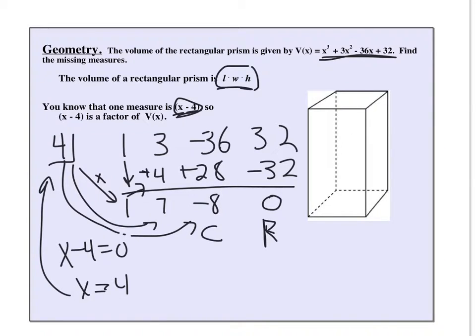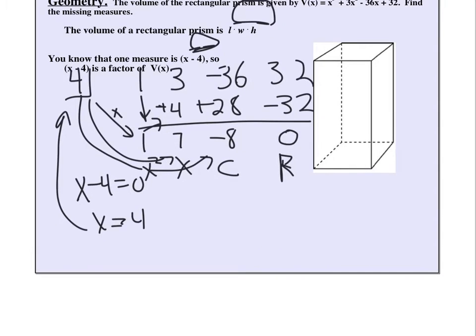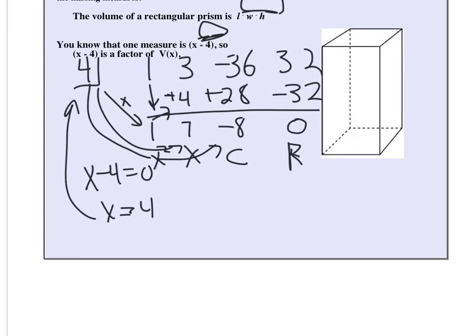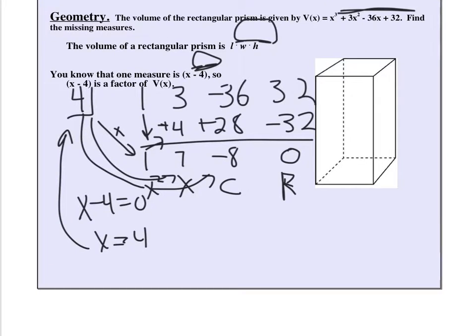This is my constant. This goes with x. This goes with x squared. So putting this back into the form, it's going to go x squared plus 7x minus 8, like that. Okay, so one of the factors is x minus 4.